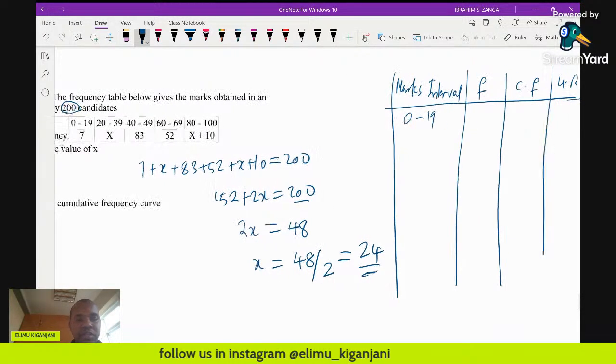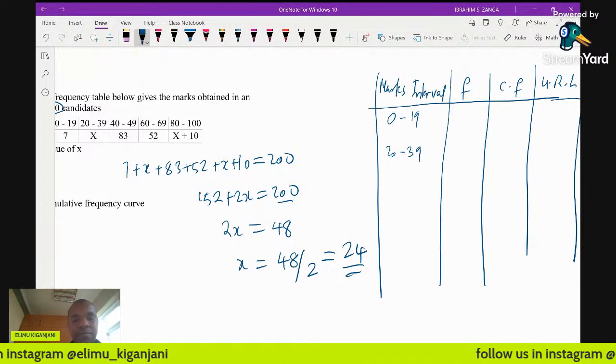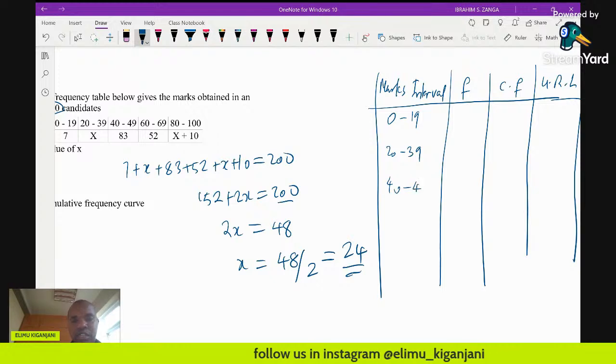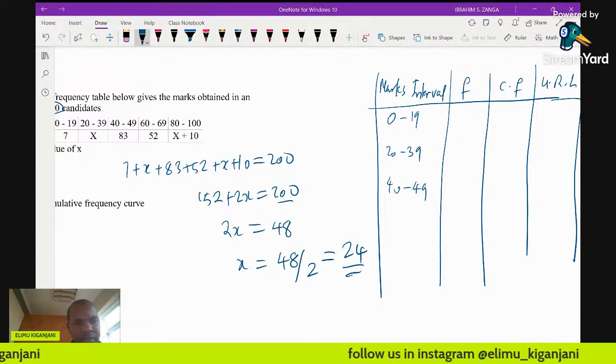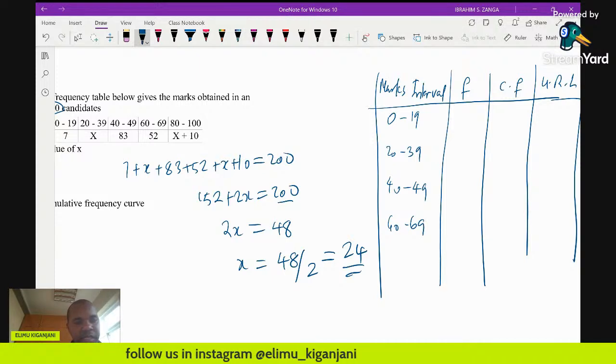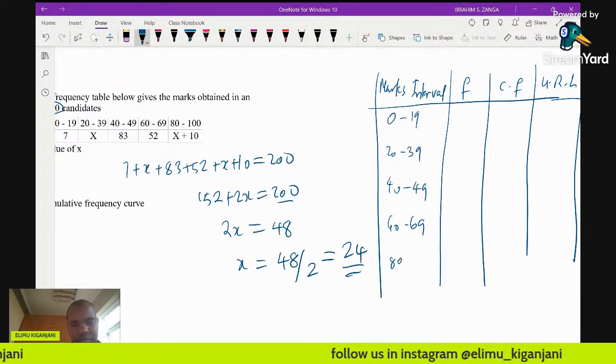So now I have 0 to 19, 20 to 39, then 40 to 49, then 60 to 69, and 80 to 100.